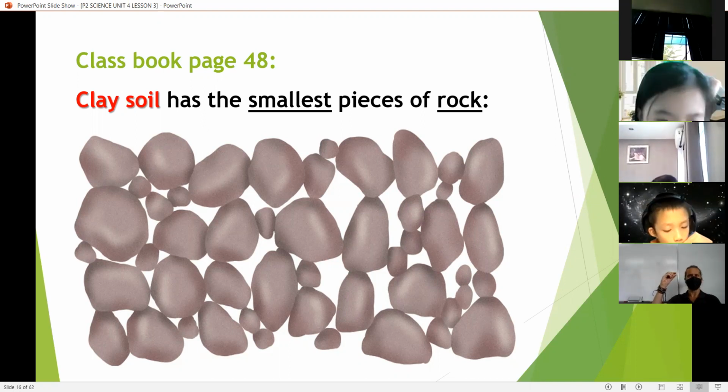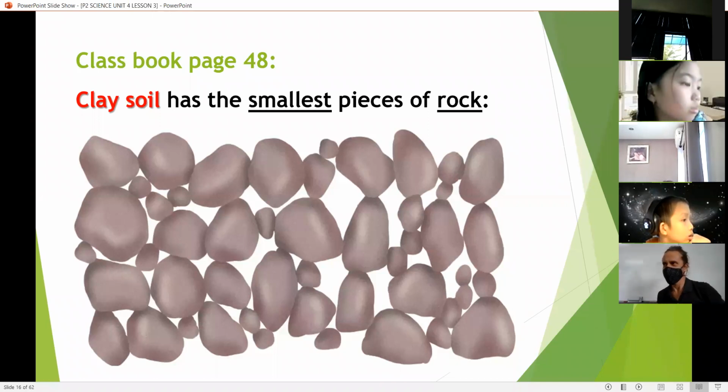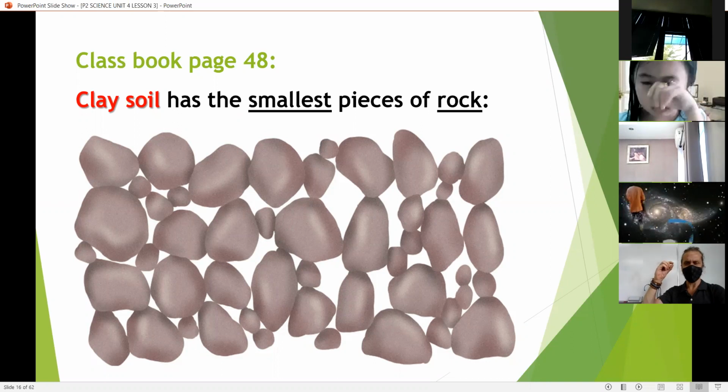Teeny, tiny pieces of rock. The clay soil has the smallest pieces of rock.